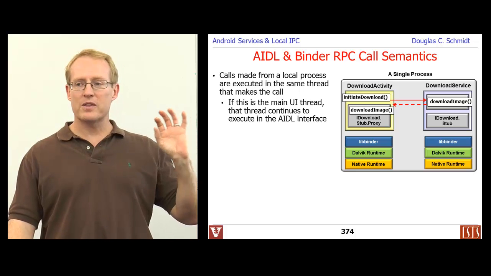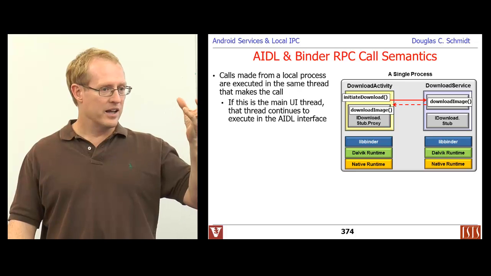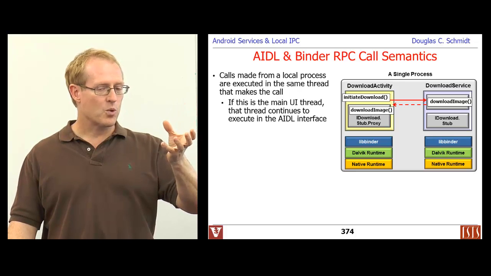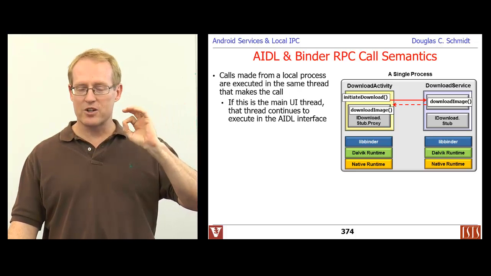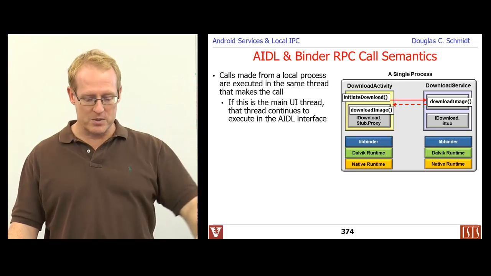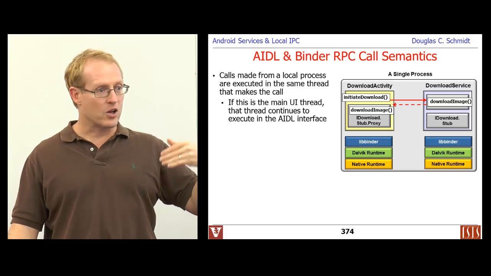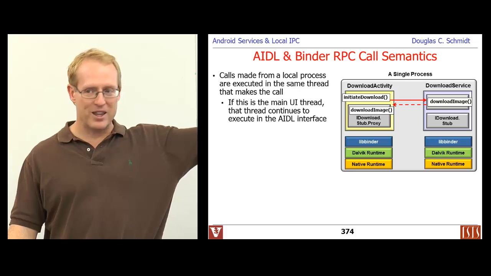So if you are in the same address space and you invoke an operation through a proxy, that ends up just being a direct method call to the receiver, which is in the same address space. So if you're calling in the main thread of control, the UI thread, the call will actually be run in the main thread of control.